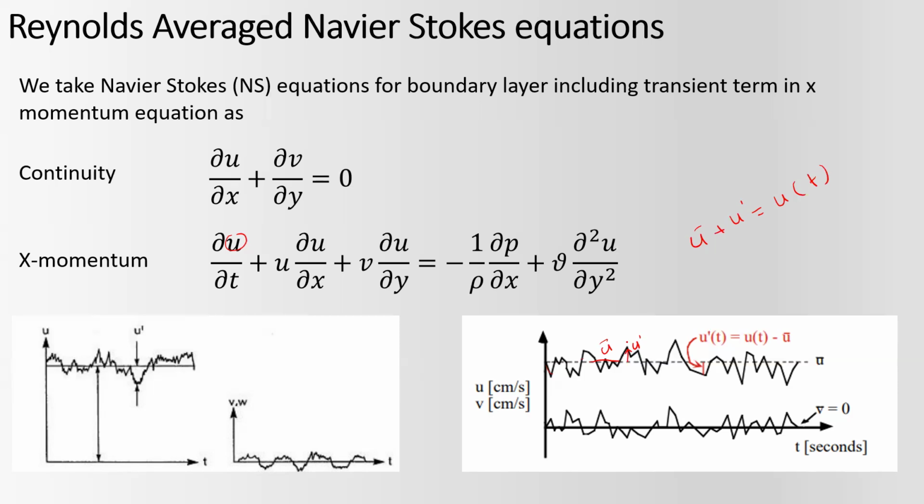Now, the u bar right now is a constant, single value, but this can also be varying. For example, in the case of vortex shedding behind a cylinder, the velocity is not constant; it changes in this sense also. That is transient behavior. I'm talking about the mean value.